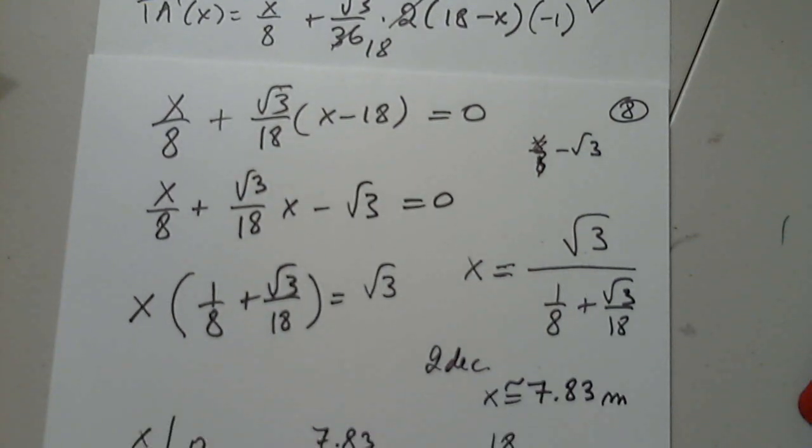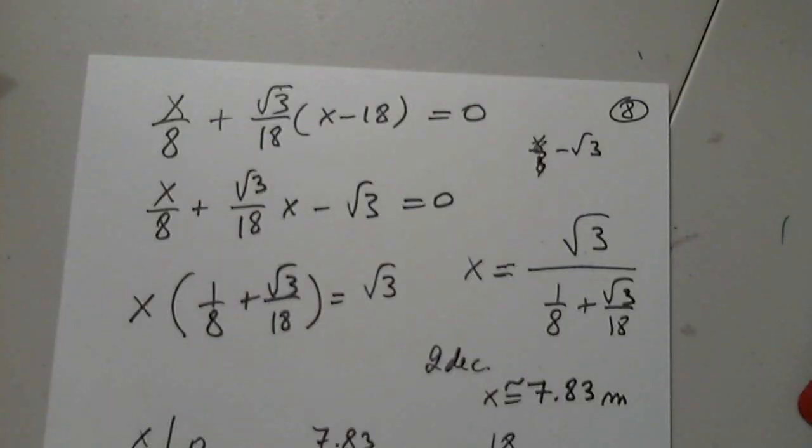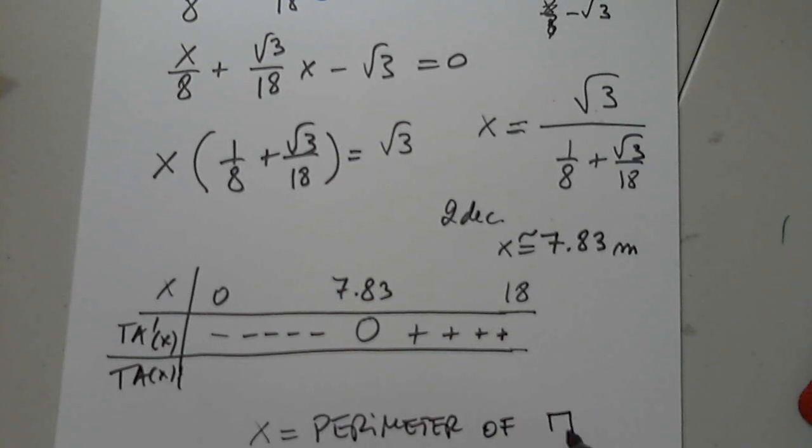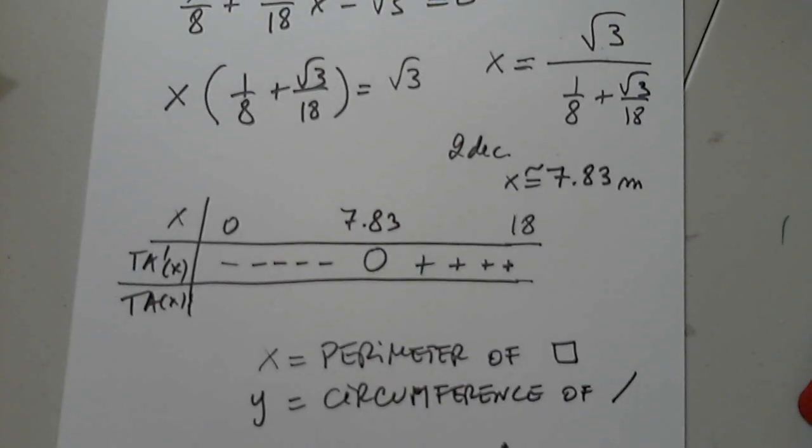Okay, so remember x was the perimeter of the square. Y is the circumference, no, it's not a circle.